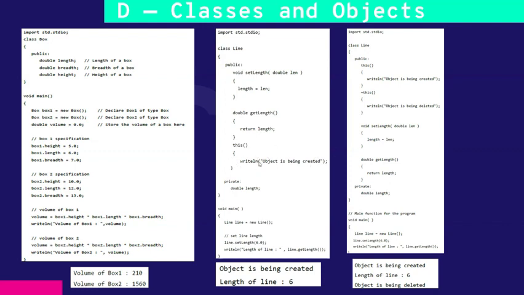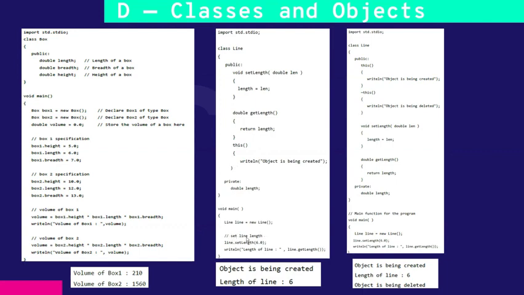And why do we use a constructor? A constructor is actually used to initialize the values in the object. For example, here is the line type of variable. This is the line class. This is the object of line. So when this line is called, this constructor will be called automatically.